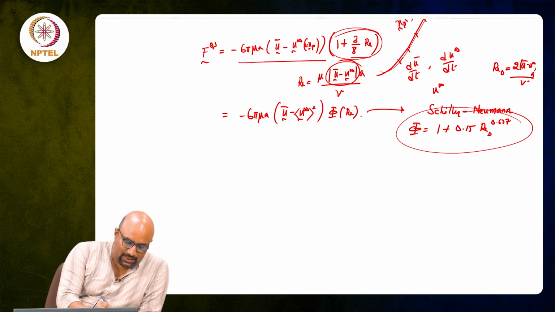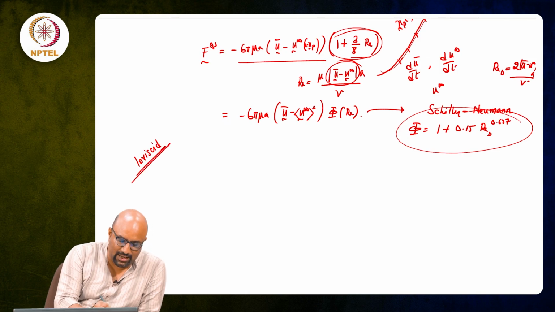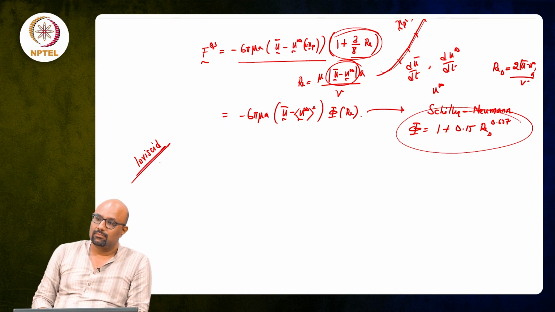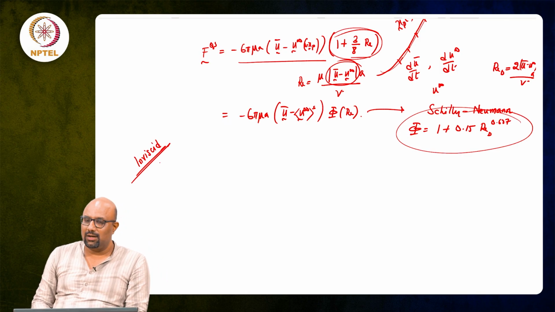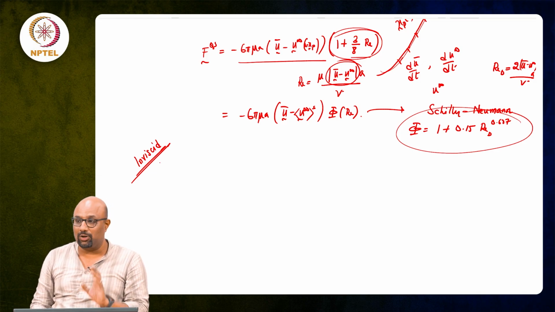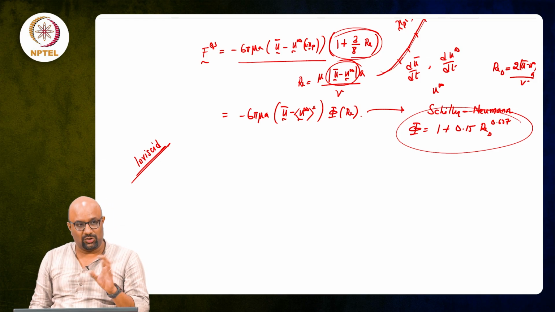If you take the other limit, this is a bit of a jump, but if you take the inviscid limit, you have a spherical particle which is moving in a fluid where there are no viscous effects, not necessarily potential flow. It is inviscid, so it can be rotational.